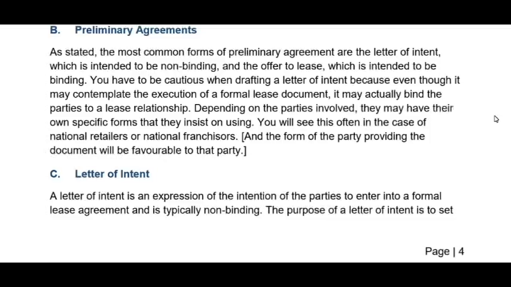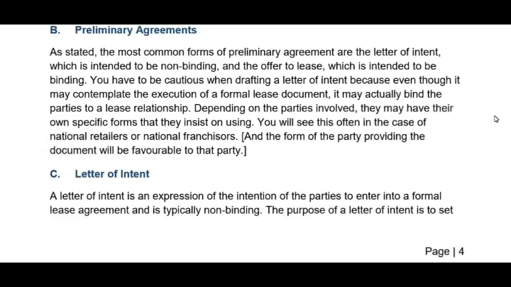Depending on the parties involved, they may have their own specific forms that they insist on using. You will see this often in the case of national retailers or national franchisers, and the form of the party providing the document will be favorable to that party.